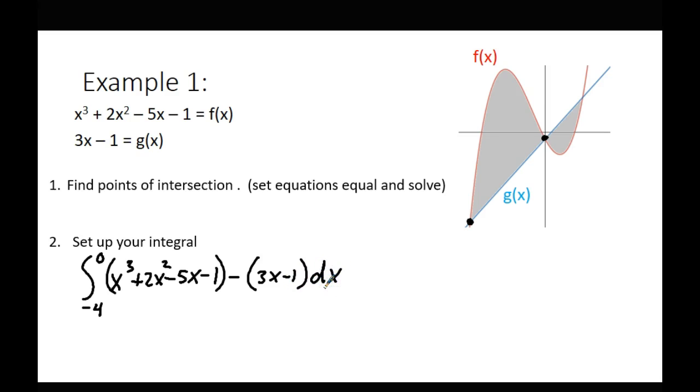Yeah, so that's the first region. Now we're going to do the second region. That one is going to be from 0 to 2. And on this second region, the g is higher than the f. So this one will be written backwards from the first one.